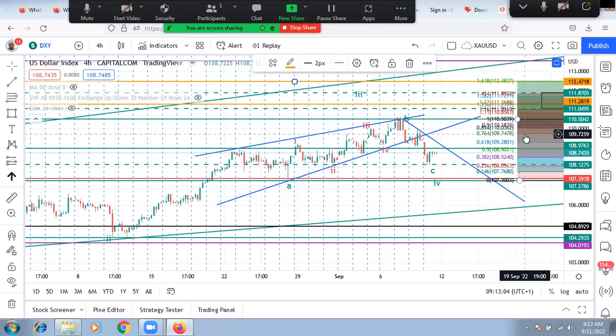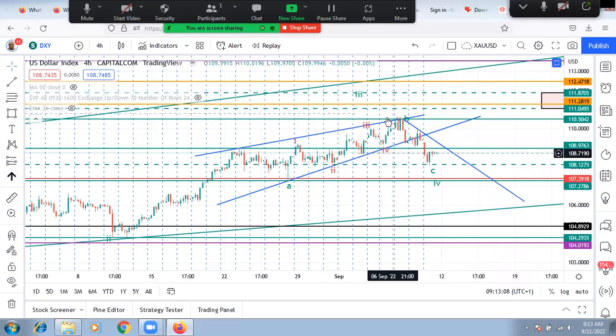If that plays out and we now end 3 in that zone, assuming the 3 has not ended here, which is still a possibility, because this might be a 1 and a 2, and the 3, which is an ending structure for this 3, and we might be seeing a 4 of this move. The 4 should not go beyond here of the ending structure, and we might see an ascent to finish up 3 here.